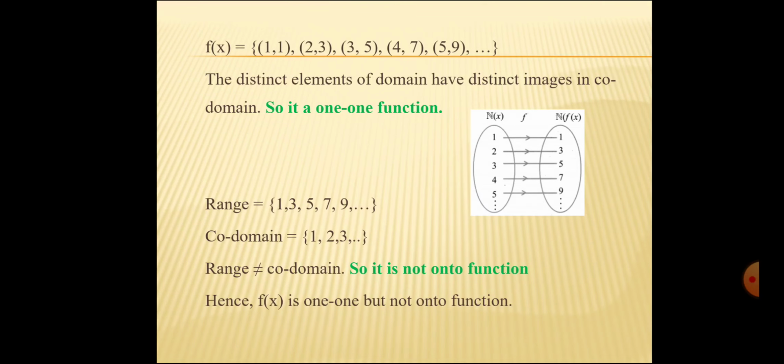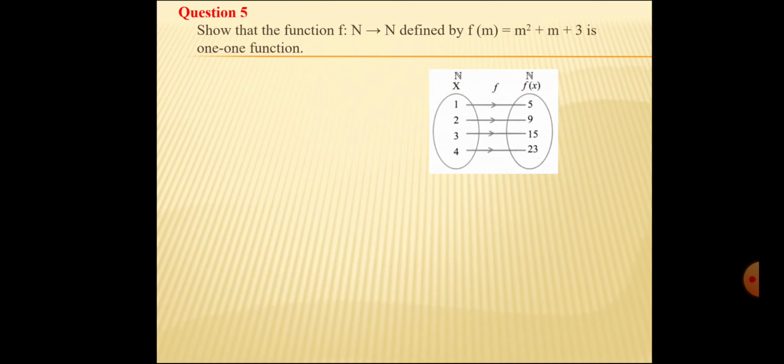So clearly we know that f of x is a 1-1 function but not an onto function. Next, question number 5. Show that the function f from N to N defined by f of m equal to m square plus m plus 3 is a 1-1 function.